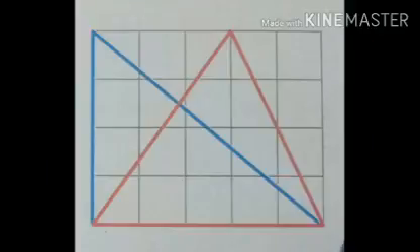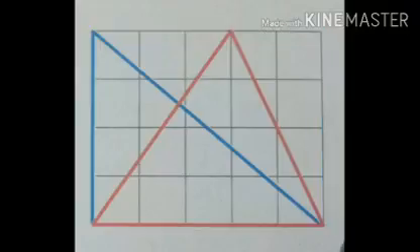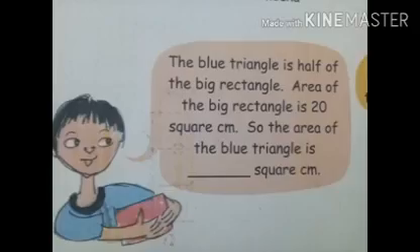This blue triangle is half of the rectangle, and rectangle has 20 squares inside it. That means the area of the rectangle is 20 square centimeter. Because blue triangle is half of it, the area of the blue triangle is 10 square centimeter. Sadik got the area of blue triangle as 10 square centimeter.